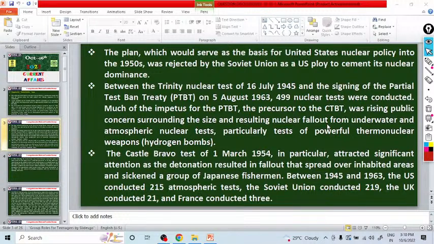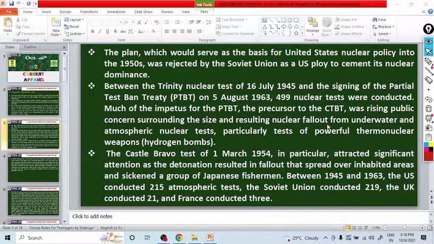When America conducted 215 tests, competing with USA, Soviet Union conducted 219 tests, and other countries like UK and France have also joined the race.